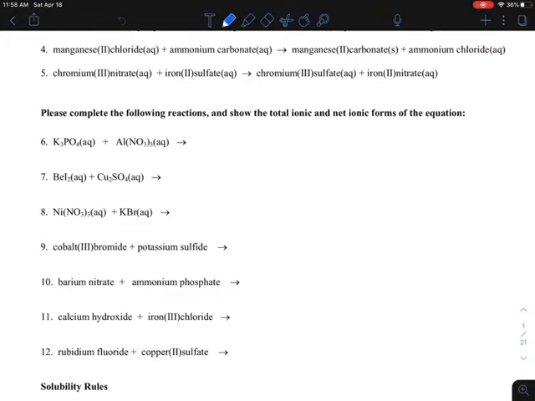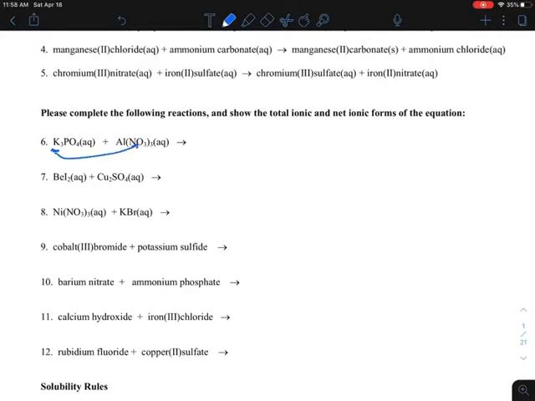When you're trying to figure out what the products are going to be, the first thing you need to do is figure out how the ions are going to align with each other. Potassium phosphate already tells us that it produces ions in solution, it's aqueous. If it reacts with aluminum, aluminum ions are positively charged, so the potassium and the aluminum ions are going to repel each other.